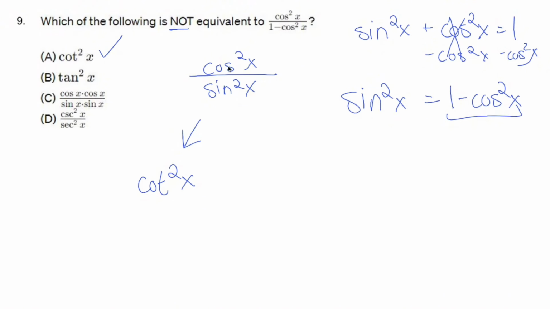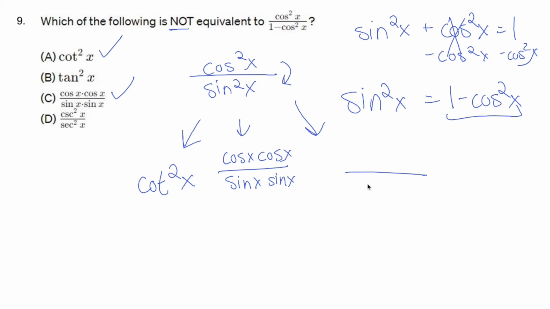Ooh, cos squared x is the same as cos x times cos x, and sine squared x is the same as sine x times sine x. So you are a true statement. And let me see. Oh, if I were to move cosine squared x down, I would have secant squared x on the bottom.